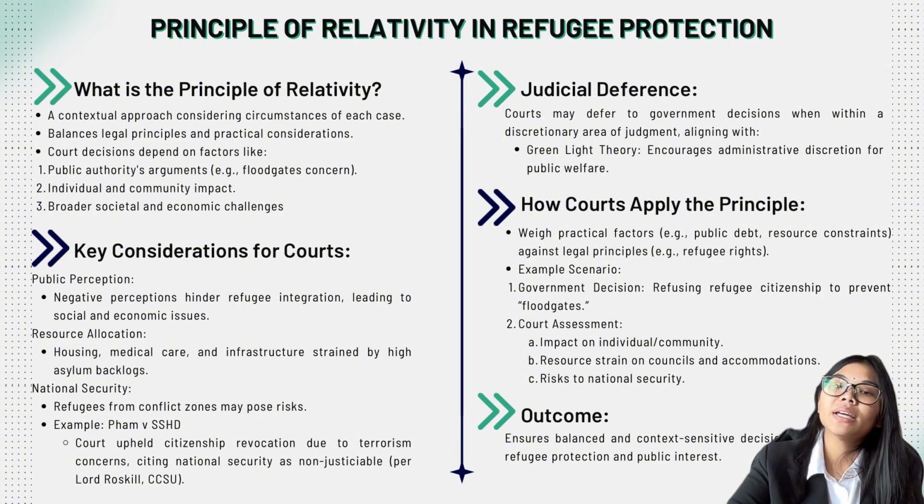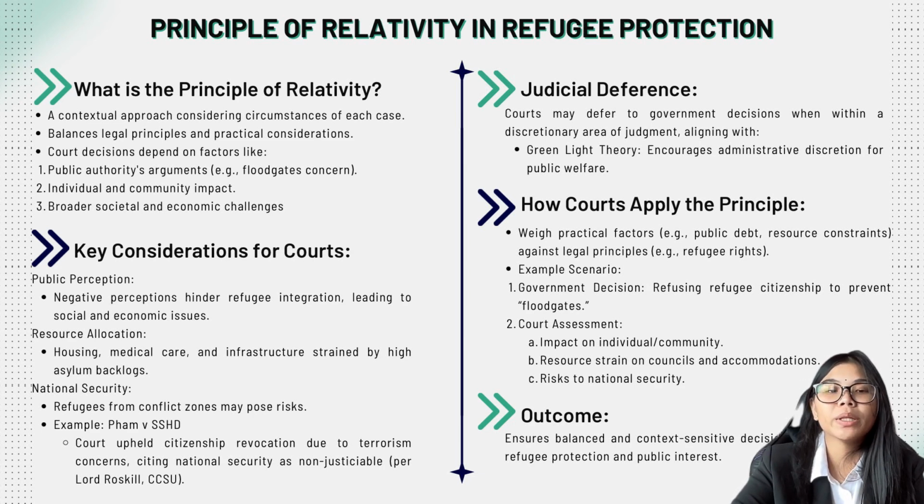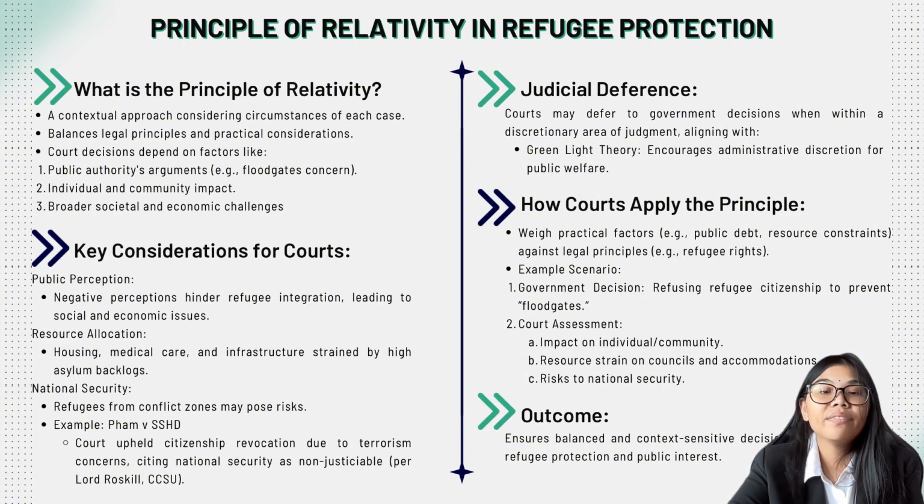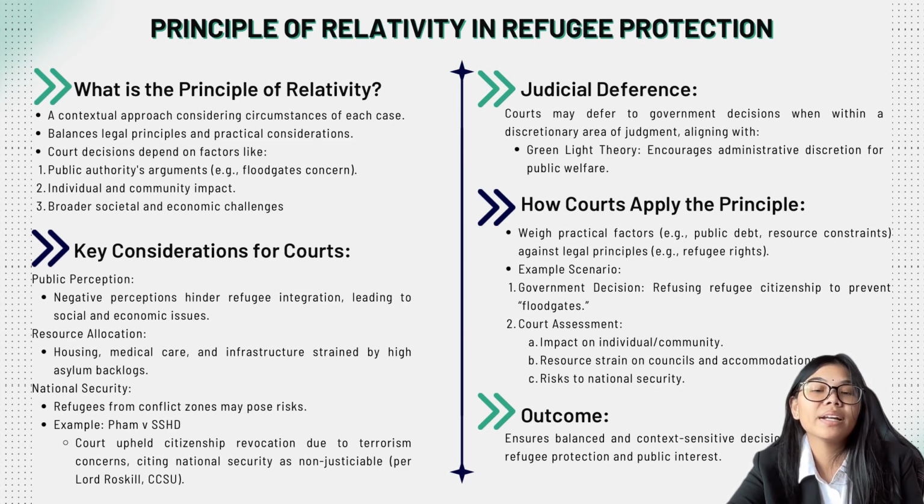For example, in the case of Pham against Secretary of State for the Home Department, Pham was born in Vietnam but acquired British nationality. The Home Secretary made an order under Section 40, subsection 2 of the British Nationality Act to revoke his citizenship based on evidence that he received terrorist training in Yemen.